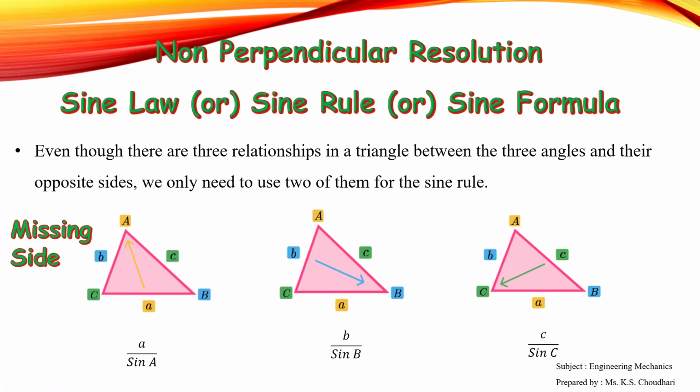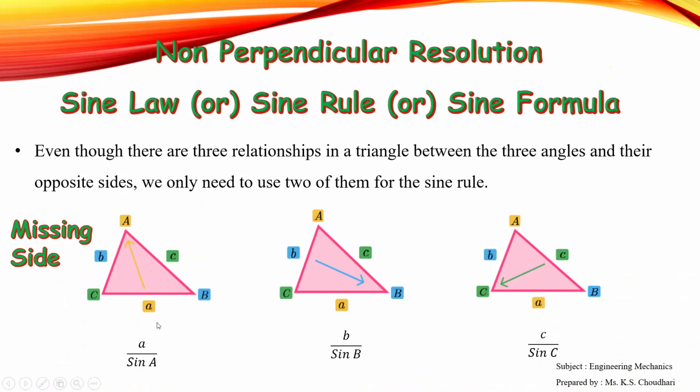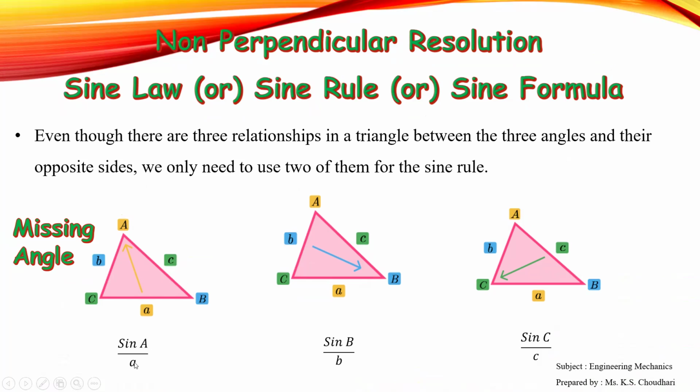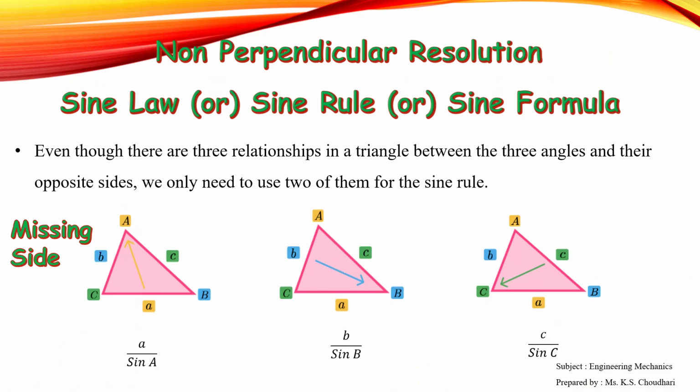Now the missing side. Here also there are three relationships, but we have to use only two of them. The formula is simple, we just have to invert it. A is in the denominator here, put A in the numerator, and sine A in the denominator.